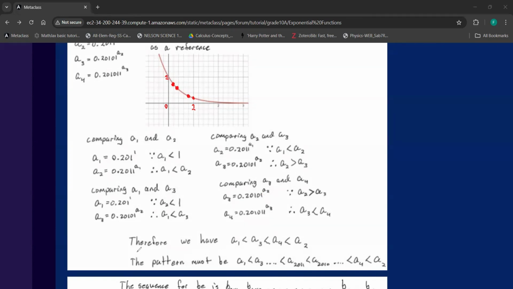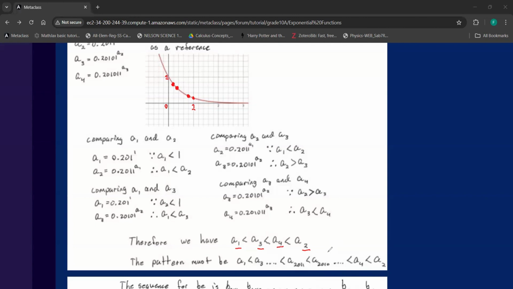And so therefore, in the end, we have A1 is smaller than A3, is smaller than A4, is smaller than A2. And there is a pattern here, right? First the odd numbers in increasing order, all the way until the largest even number, and then decreasing even numbers from there. So the pattern must be A1 is smaller than A3, all the way until A2011, which is smaller than A2010, and then from there decreasing all the way until A4, which is smaller than A2.